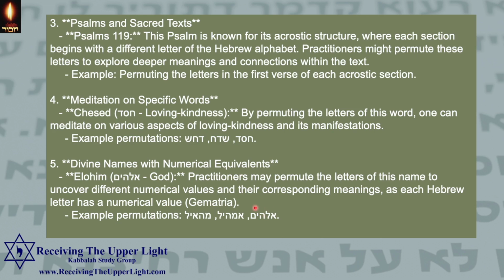And in this meditation, you will find that there's pi, 3.14. Pi is here. And also remember, Elohim has the same numerical value as Teva, which is the word for nature in Hebrew. So it's very interesting not only to move the letters around, but knowing the numerical values, you can connect this name with other words in Hebrew that have the same numerical value as you rearrange the letters all around.